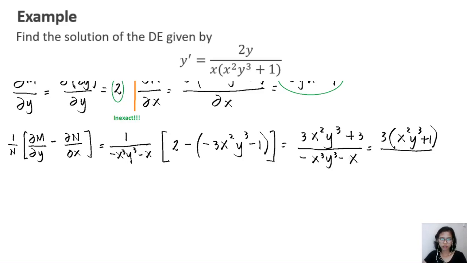And for the denominator, this is x. I can factor out negative x, and that will become x squared y cubed plus 1. This factor will be cancelled out. So the remaining will be equal to negative 3 over x.